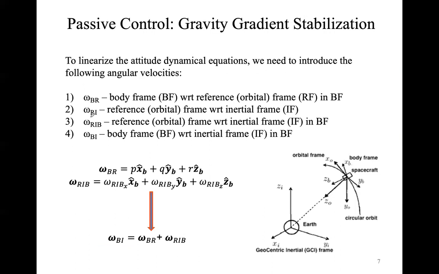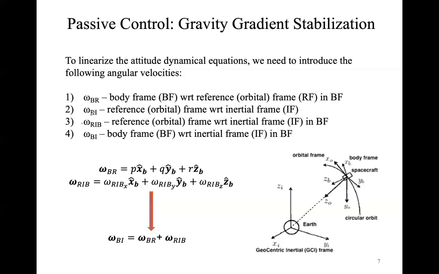The third vector is a little bit more complicated because it is the angular velocity of the orbital reference frame with respect to the inertial reference frame, but in body frame coordinates. These two vectors are exactly the same vector.